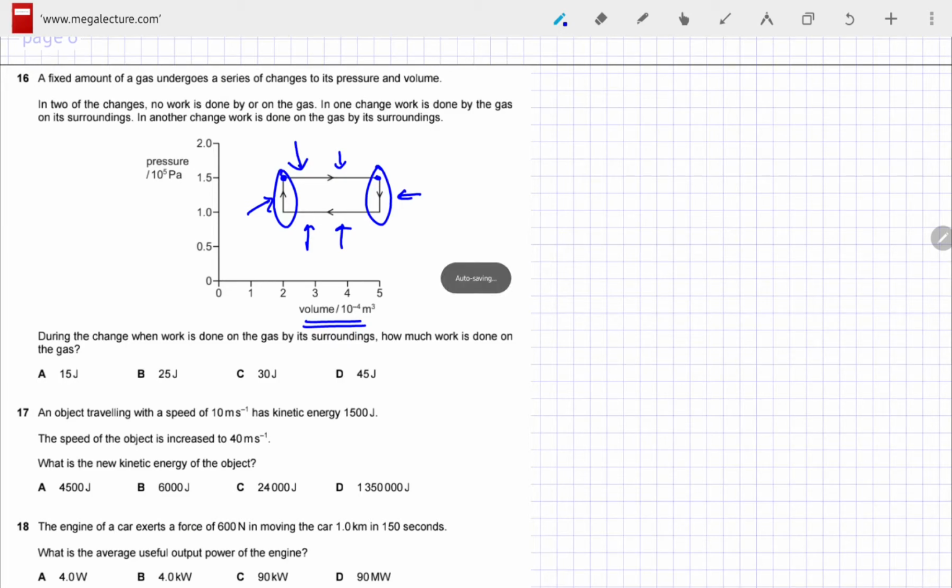So to compute the work done on the gas, we'll use the expression P times change in volume. Which pressure should be used? We'll use the compression region, which is going from 5 to 2, and the pressure in this case is 1.0 into 10 raised to power 5. Don't forget that.